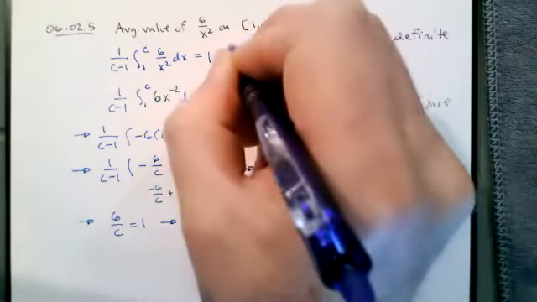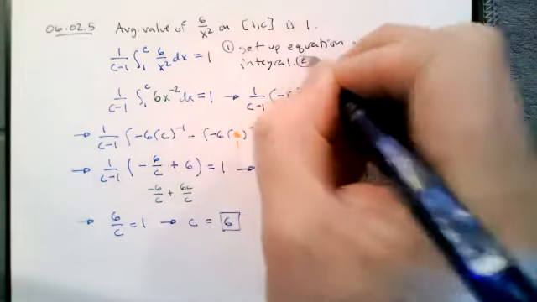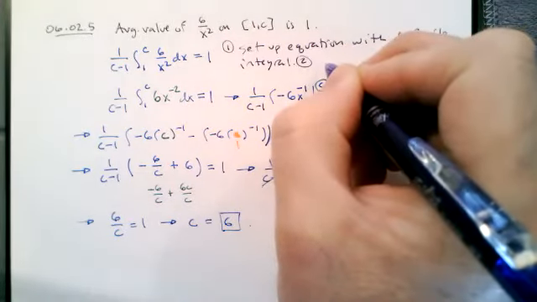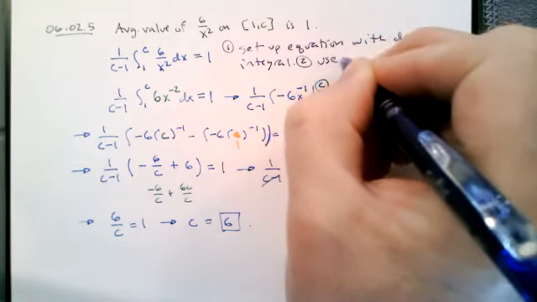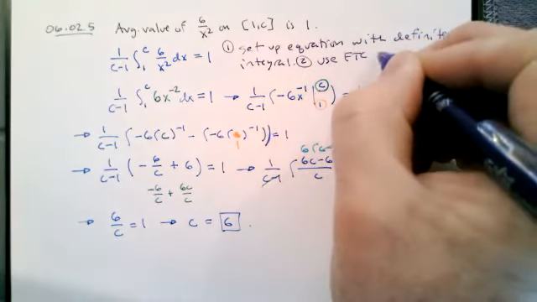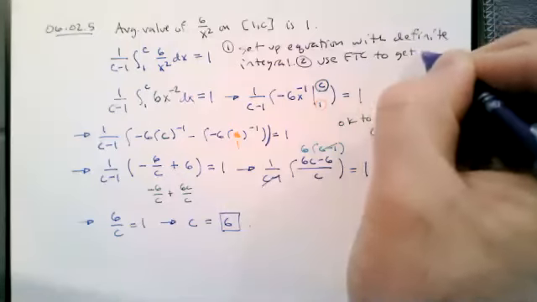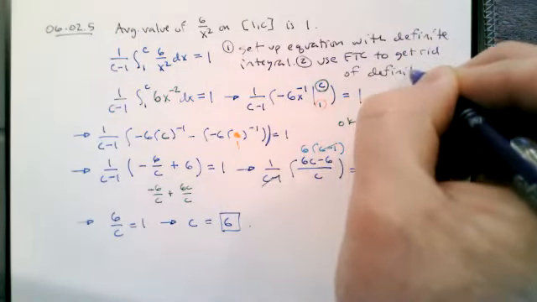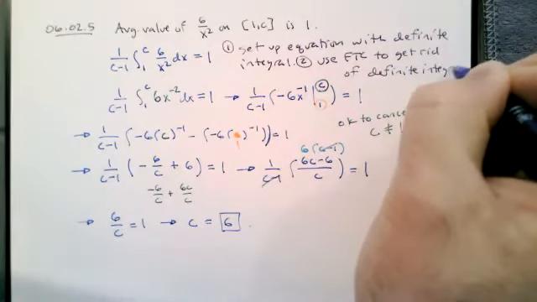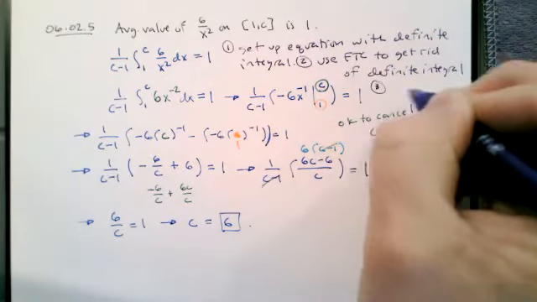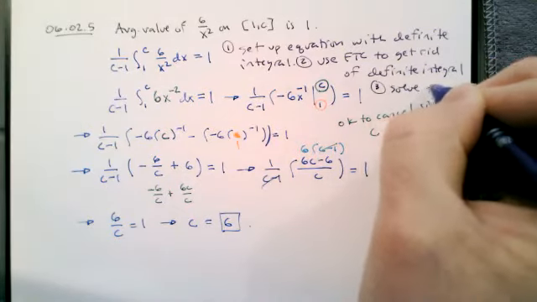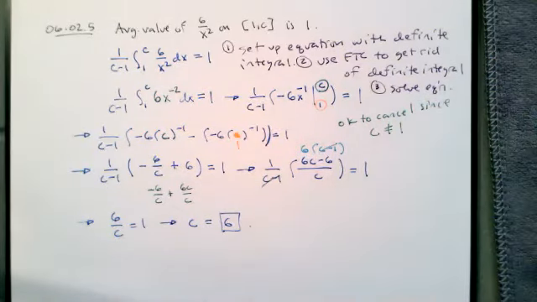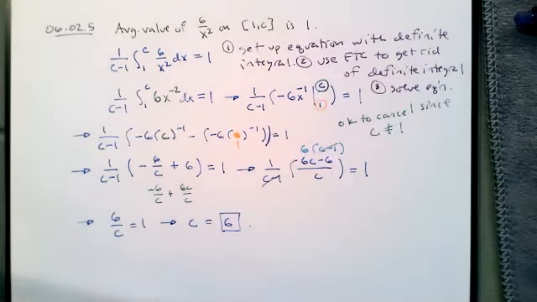Then we remove the definite integral with the fundamental theorem of calculus. And then finally we solve the equation. All that to get us to just an algebraic equation we can solve. Any questions?